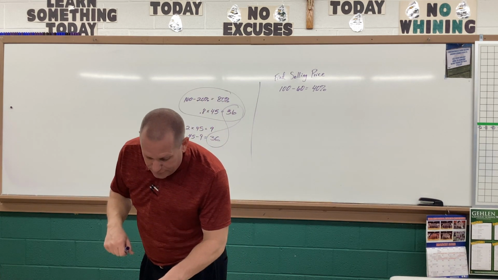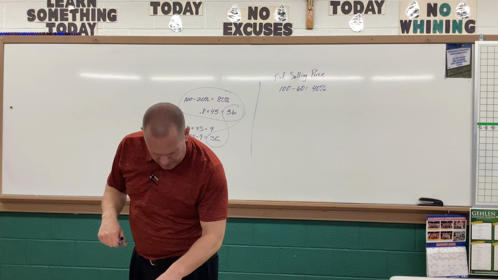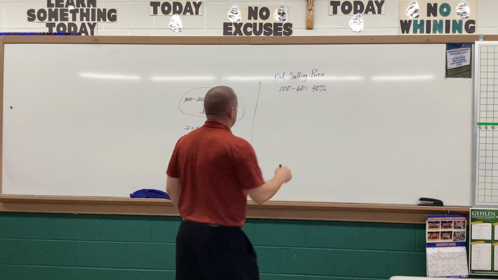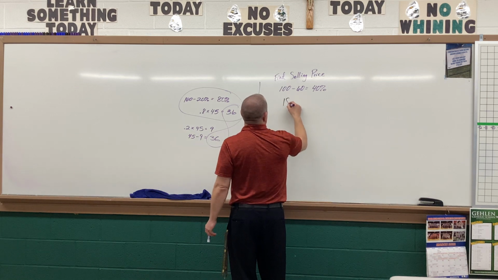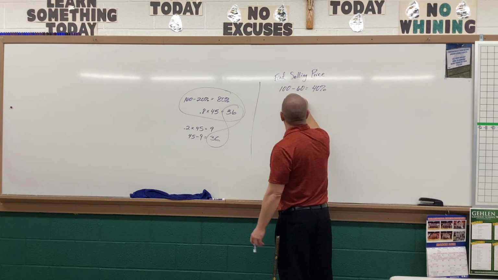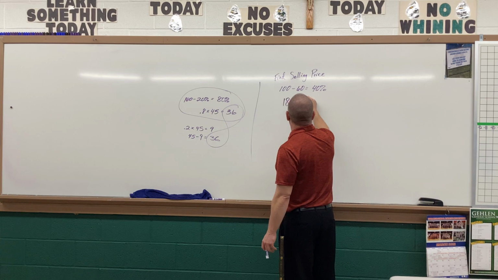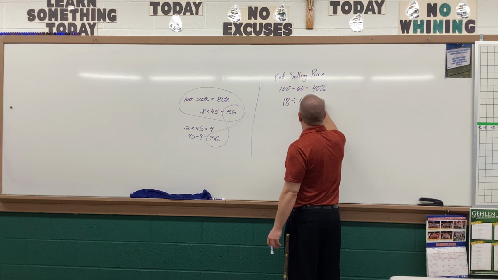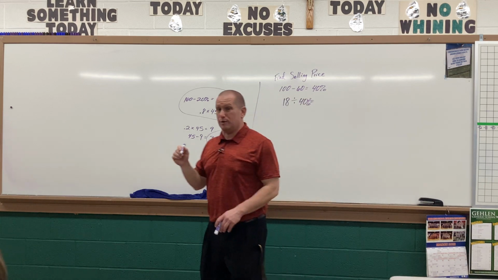And then we're going to take what we bought it for. I'm looking at two different problems again. The perfume is $18. So you're going to take 18, and this is the weird part, right? We're going to divide by this percent. So take 18 divided by 40%. Now this isn't just 40, it's 40%.